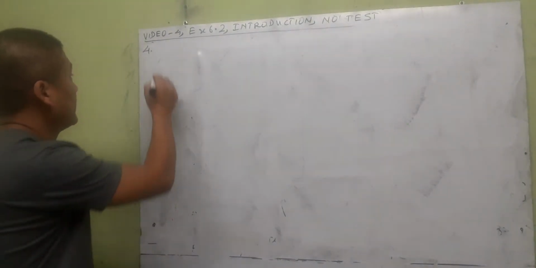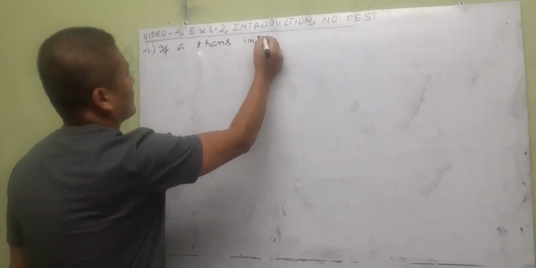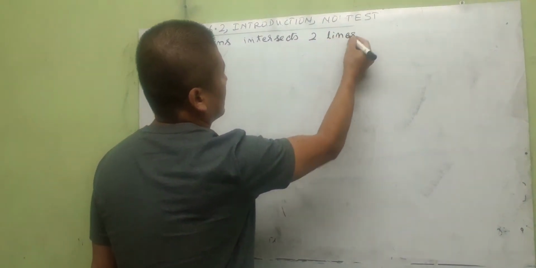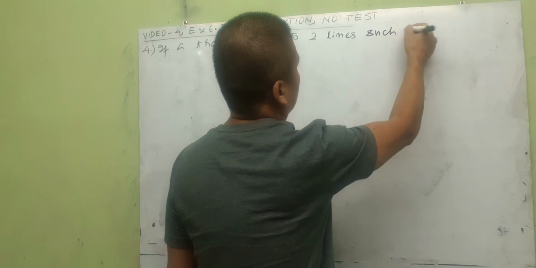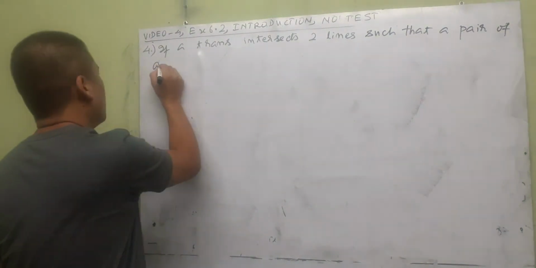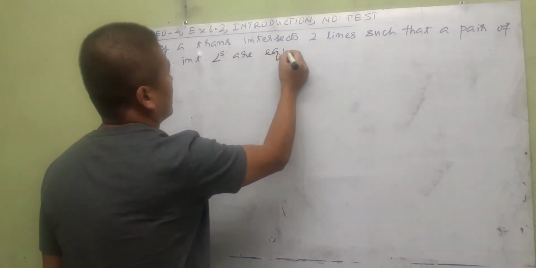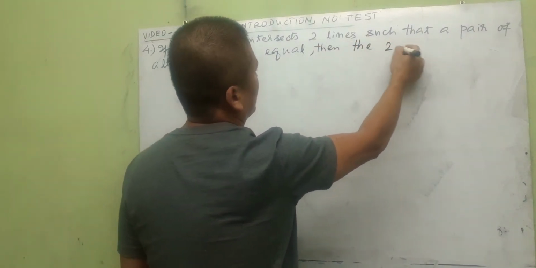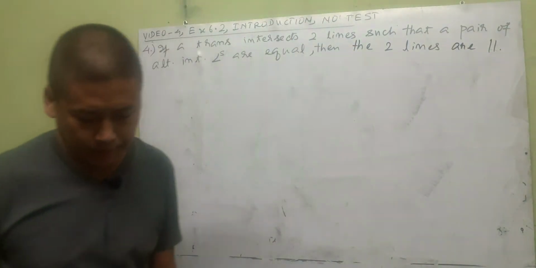If a transversal intersects two lines such that a pair of alternate interior angles are equal, then the two lines are parallel.